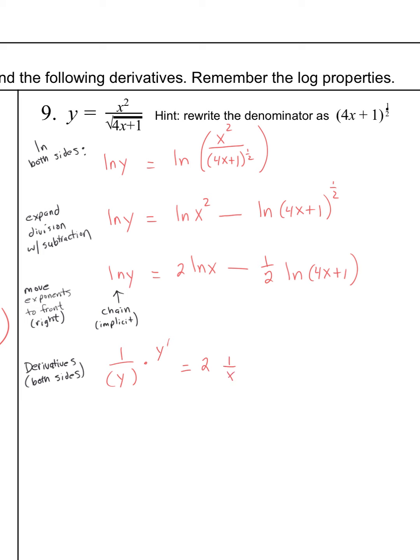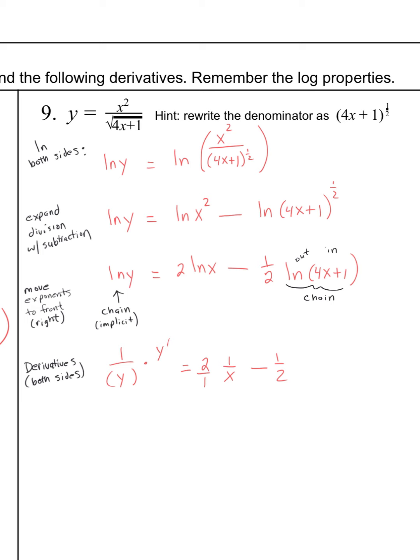Now I'm going to make 2 a fraction because this is a fraction. Now we keep going. The 1/2 comes down. To take the derivative of ln 4x plus 1, that is a chain rule. The outer is ln, and the inner is 4x plus 1.